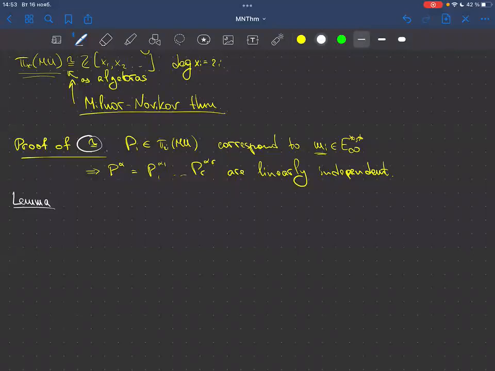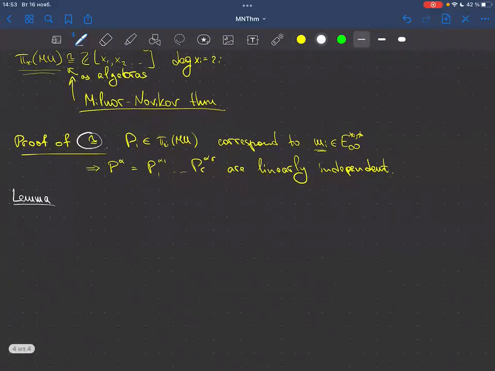So let me just state it and use it. Suppose Y is a spectrum of finite type.